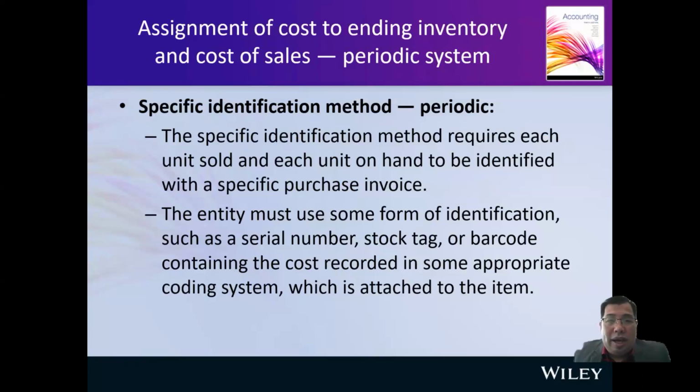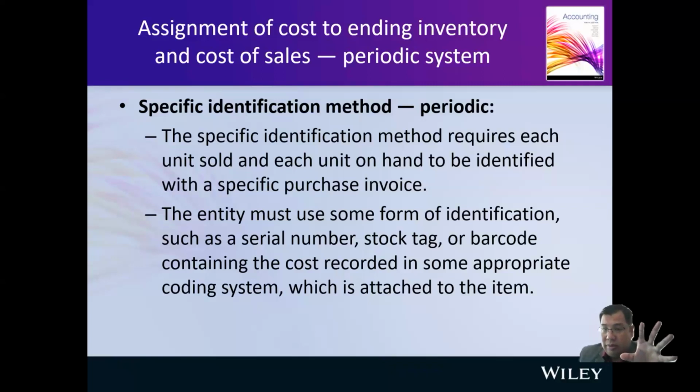So the specific identification method under periodic is where the specific identification method requires each unit sold and unit on hand to be identified with specific purchase or invoices. The entity must use some form of identification, maybe serial number, stock take, barcodes, to determine the cost for each inventory.